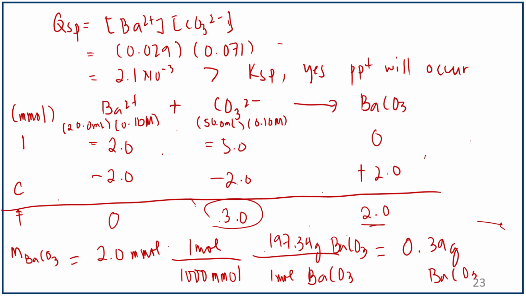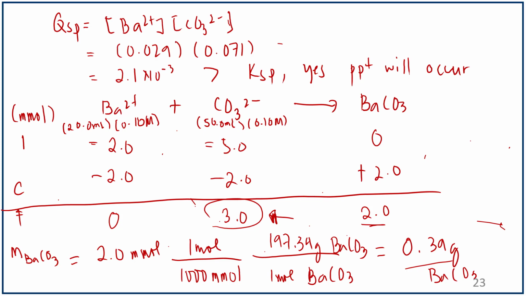What this actually means is that the millimoles of barium is not really zero. Even though some solid has indeed precipitated out, 0.39, there will be a tiny amount of barium 2 plus and carbonate ions in solution, which will be at a dissolution and precipitation equilibrium. But we cannot ignore that after this precipitation we have an excess of carbonate ions.